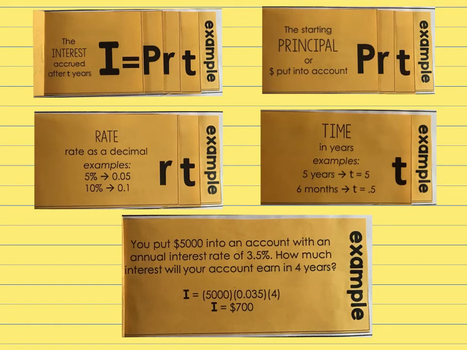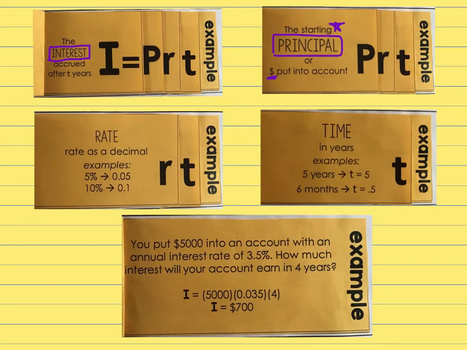This page shows each one of the flaps on that foldable. I'm just going to go through what the letters mean in the formula. The first one, letter I, stands for interest. The second flap, letter P, stands for principal. It's the starting amount of money, basically, that you have.